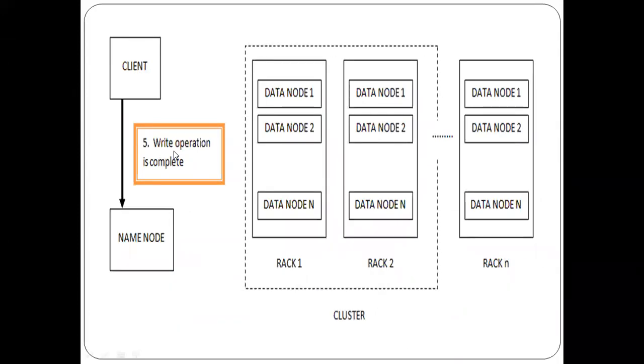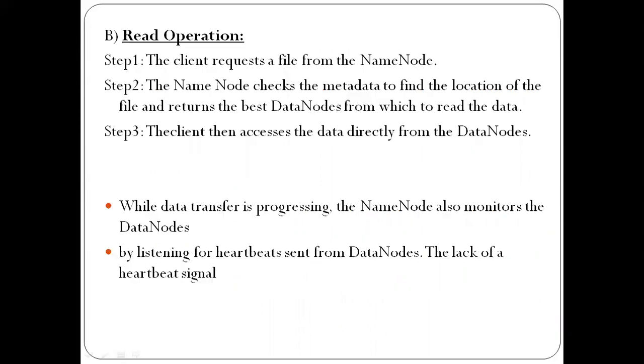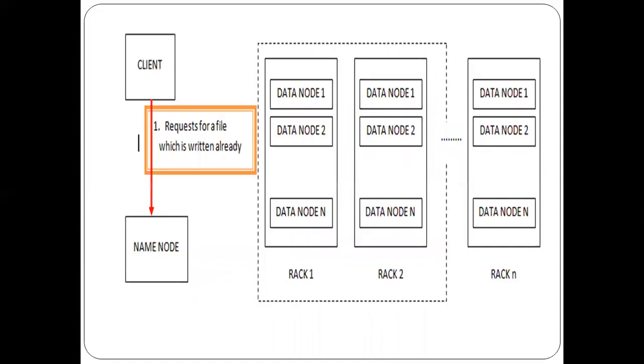Fifth step is the client will tell the name node that the write operation is complete. These are the different steps of write operation. Next we'll see about the read operation. This has 3 different steps. Here first step is the client will request a file from the name node.